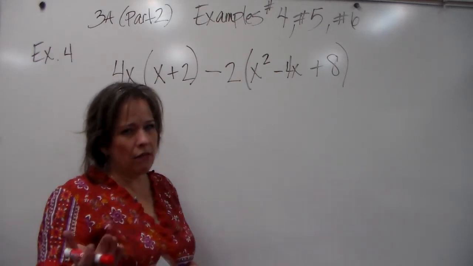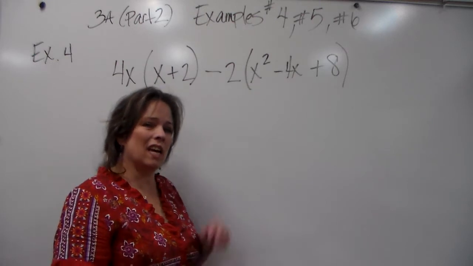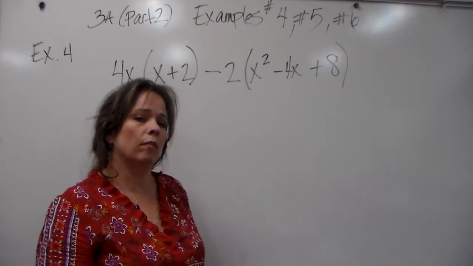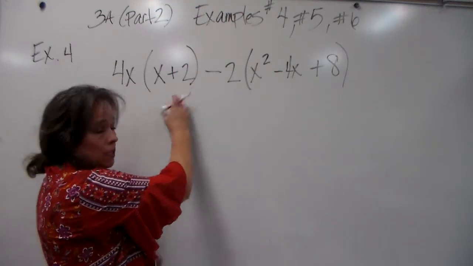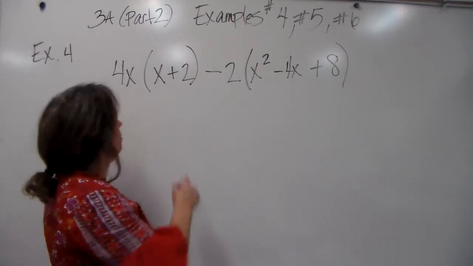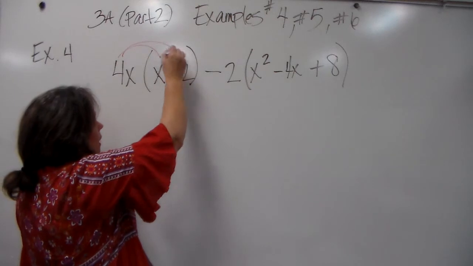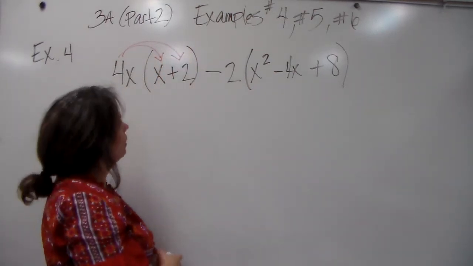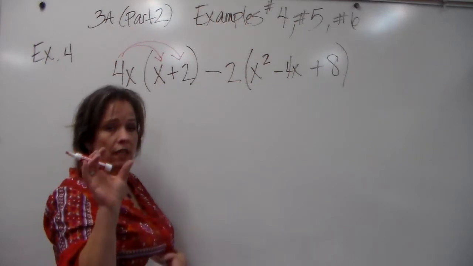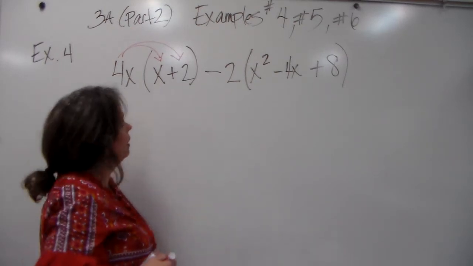And instead of using the box, I think it's a little easier to just do it by distribution. So that would be this 4x needs to multiply both of the terms inside the parenthesis that comes right after, okay? And just that following parenthesis, right?